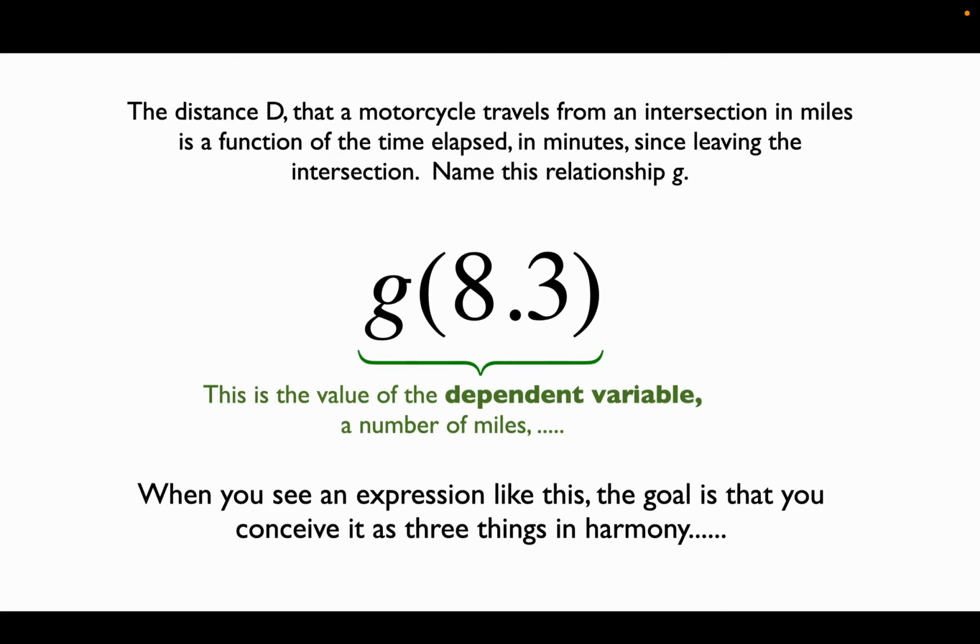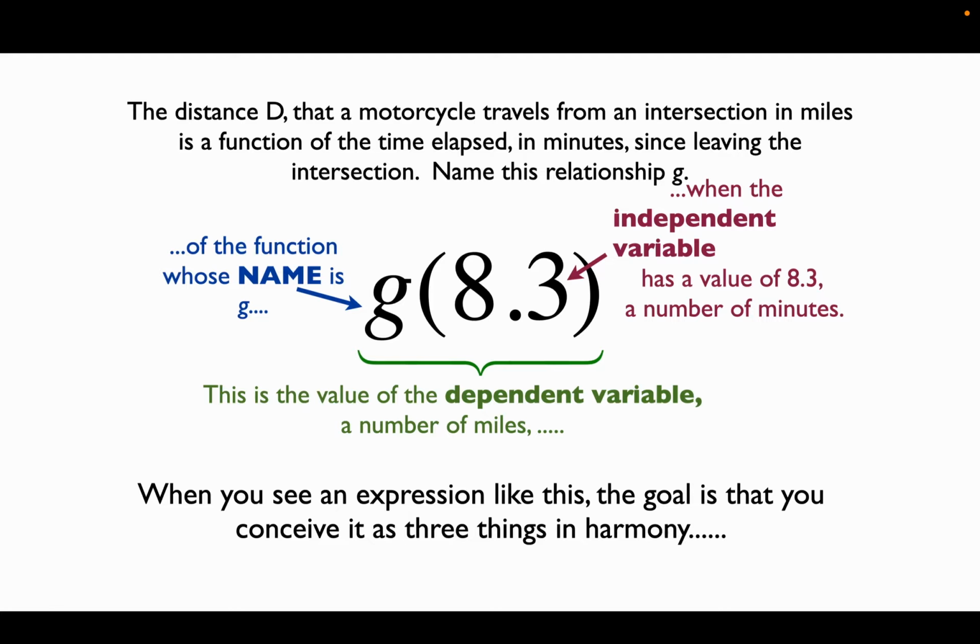But I can tell from this that I'm talking about this relationship called G that relates the 8.3 minutes to that variable. So G of 8.3 means the distance after 8.3 minutes have elapsed.